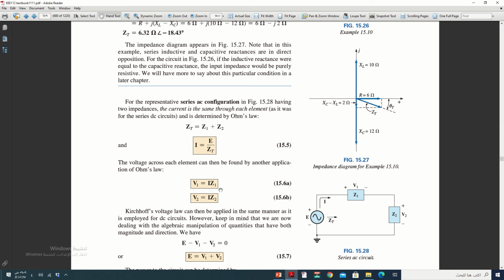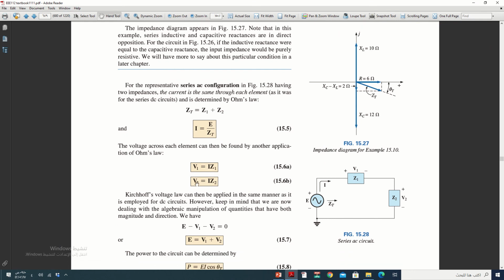V1 equals I, since the current here, I1 equals I total equals I2. V1 equals I multiplied by Z1. V2 equals I multiplied by Z2.